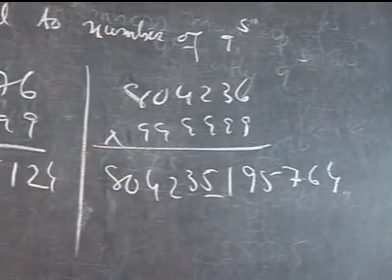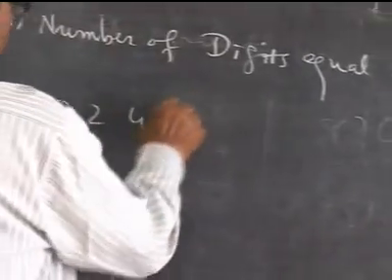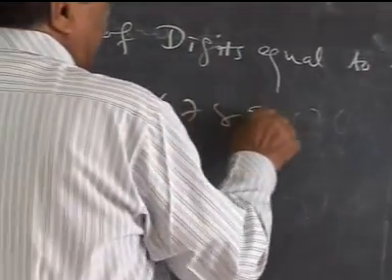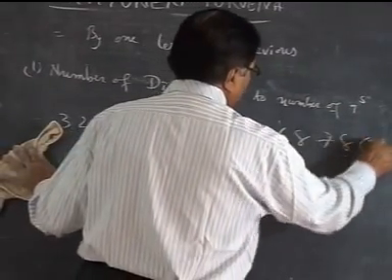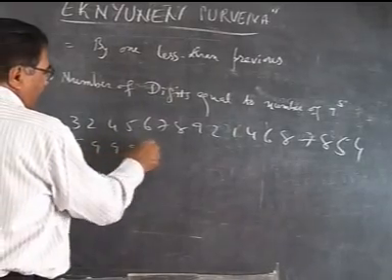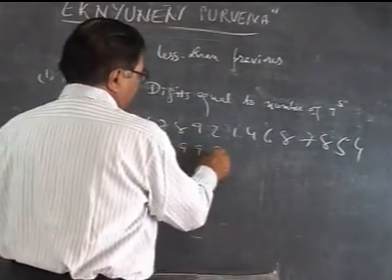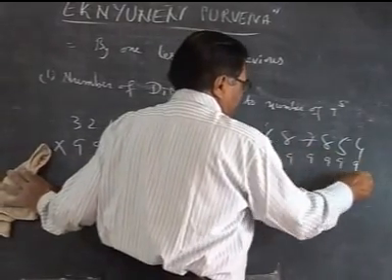My friends, now try to understand this method and let us see. 3, 2, 4, 5, 6, 7, 8, 9, 2, 1, 4, 6, 8, 7, 8, 5, 4. Multiply by 999, and so on.